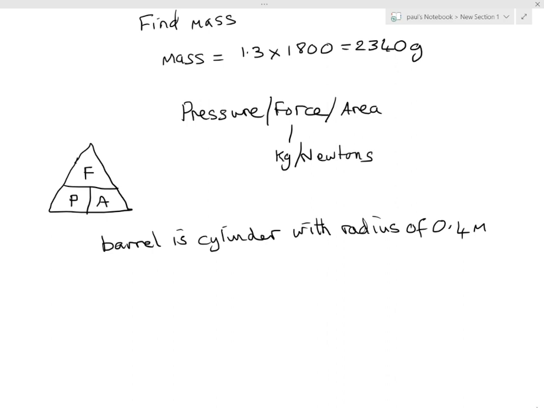Right, and the weight of the barrel is 200 newtons. See, weight, force, kilograms, newtons, all gets a bit muddly with this one. Calculate the pressure.